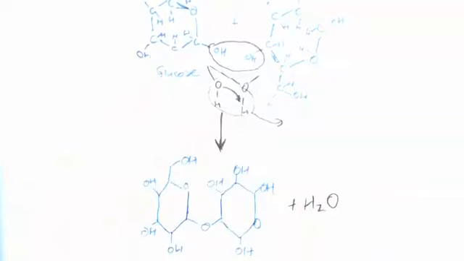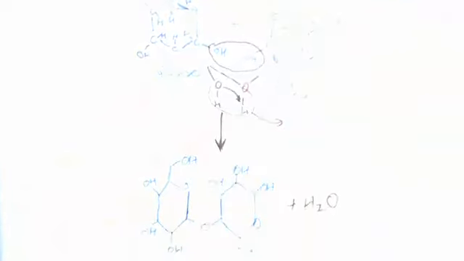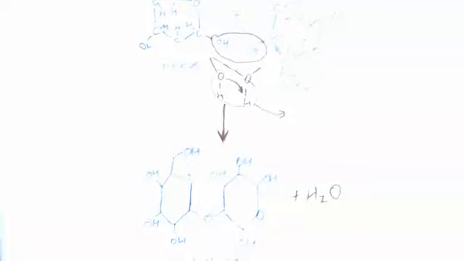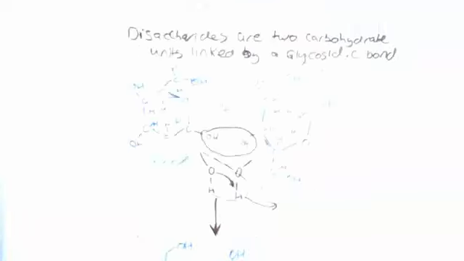So essentially what you have is a rearrangement between these two hydroxyl groups where a water molecule is spit out, and you get this linkage through one oxygen atom in what's called a glycosidic bond.